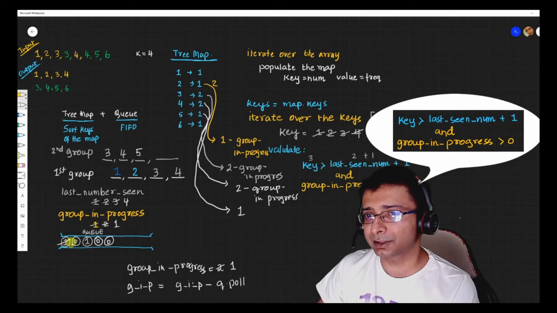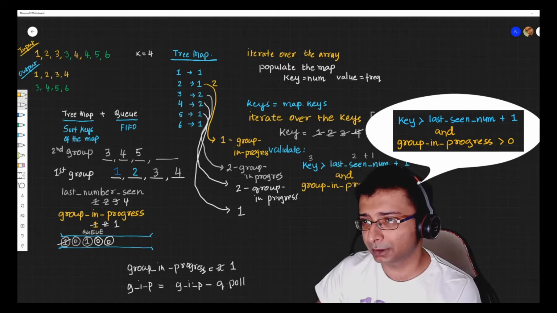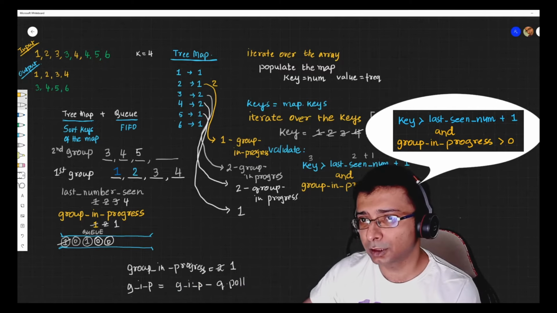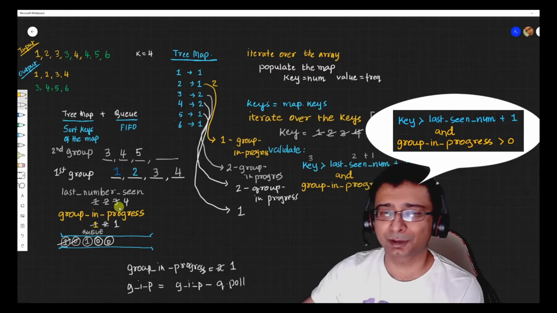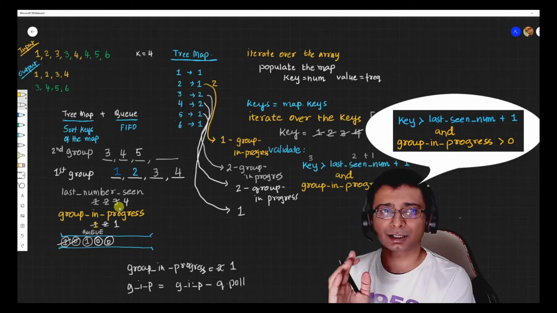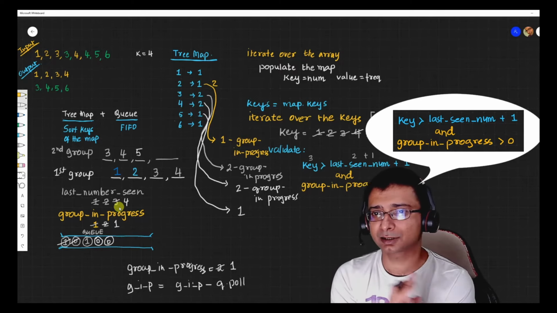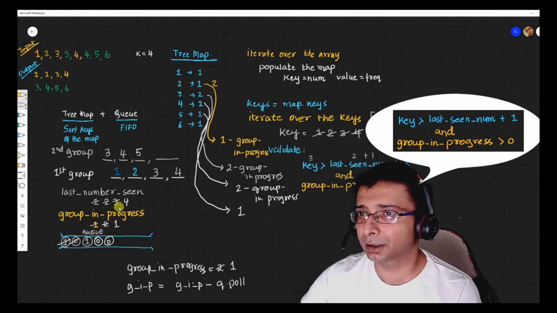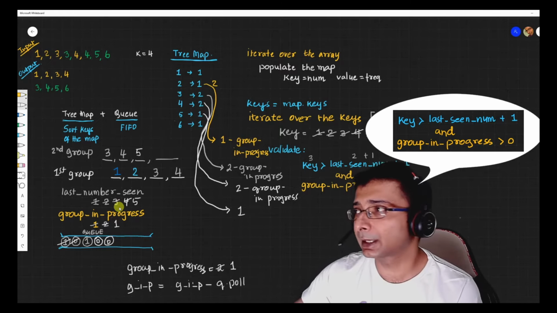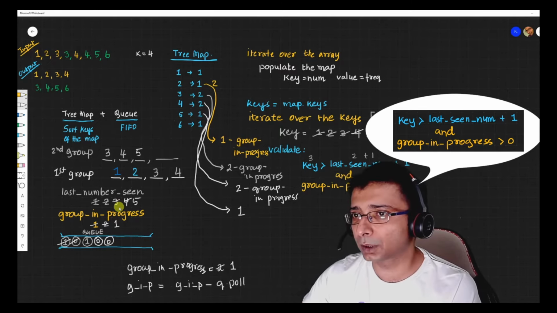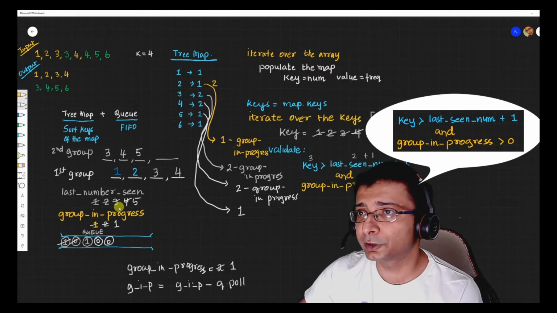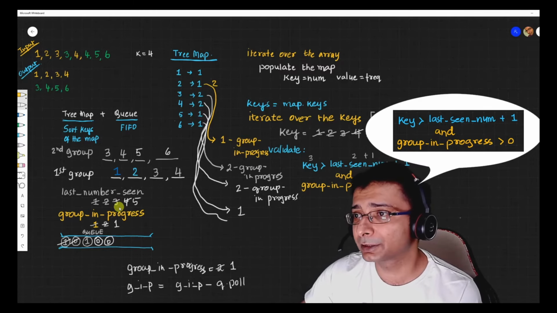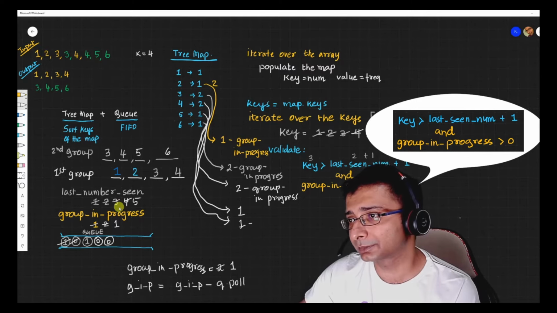And as my size of the queue reaches k again, I will do the same thing again, GIP, group in progress minus q dot poll. So what I'll be reducing is a 0 because I know this key has not started a group. So I am just removing those elements, right? So again, when I put 5 and I get a 6 over here, I'll put the 6 over here. So again, this will be 1 minus group in progress, that is 1, which will be 0.